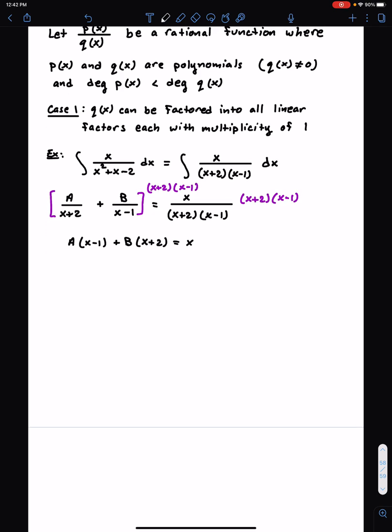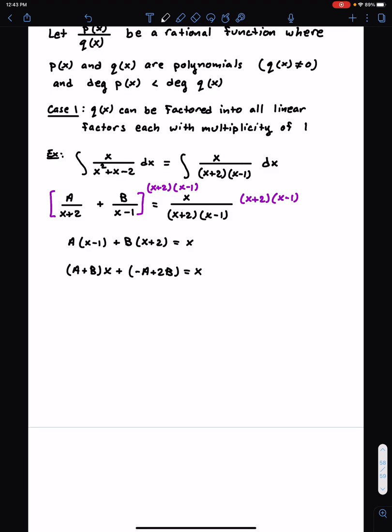If I distribute the a and distribute the b and combine all the terms with an x and then combine all the terms without an x, I get a plus b times x plus negative a plus 2b is equal to x.